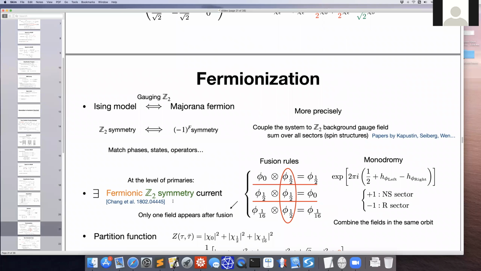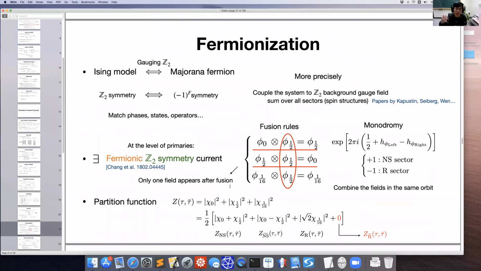So I would say that we are just trying to use some fermionic Z2 symmetry current. Yeah, if we can specify this kind of current, then you can do some technique, right? To see how to impose boundary conditions, antiperiodic or periodic. But in this technique, how do you specify the fermionic field?